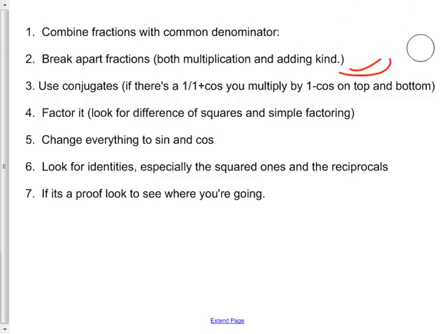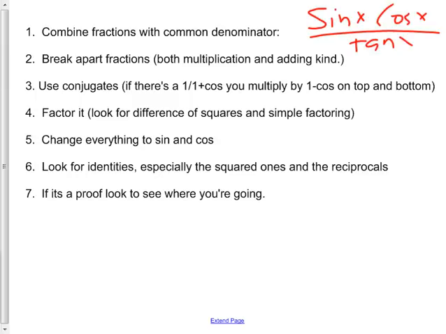Or, if they were like this, sine x cosine x all over tangent x, you'd have to know that you can break that apart into sine x over tangent x. And here's where I've made a mistake sometimes.